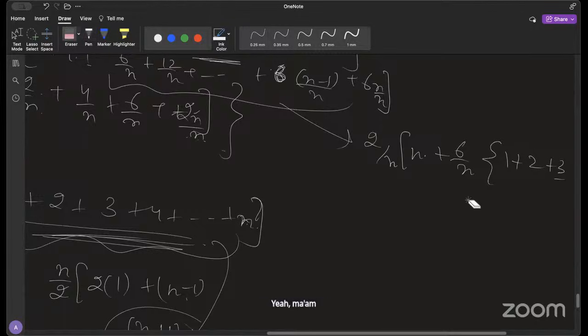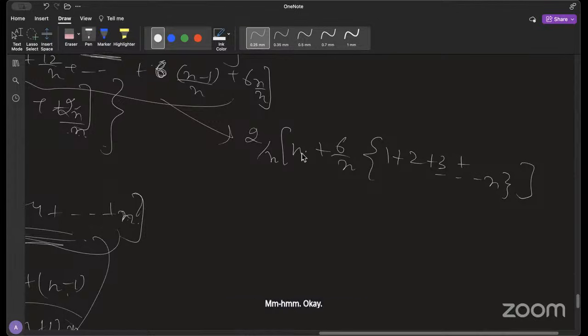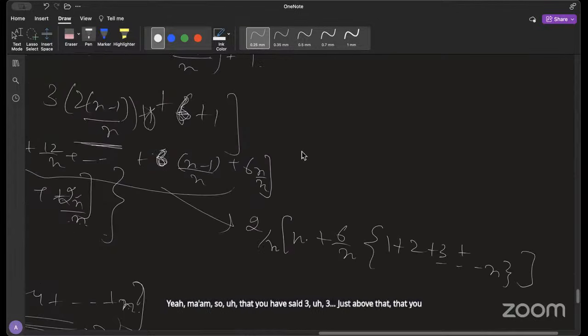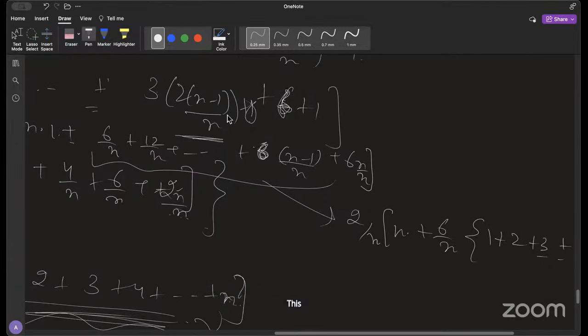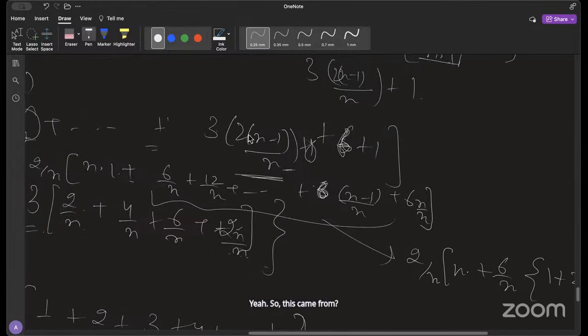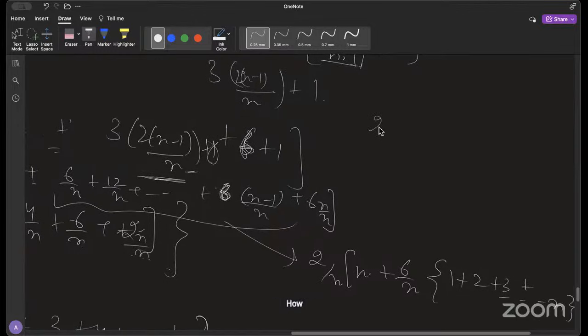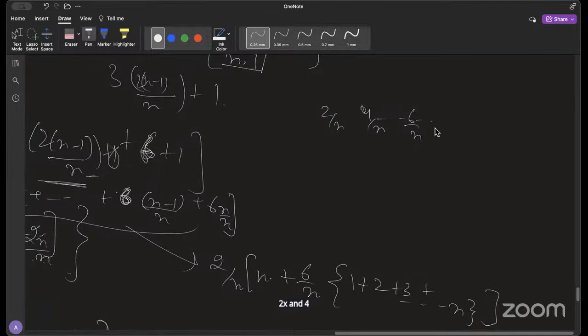Yeah, ma'am. The 3 that you wrote above, 3 into 2 and 1 minus 1 upon n. This one, yeah. So how are you writing things? The partitions are 1 by n, 2 by n, and so on. Not 1 by n, we don't have that: 2 by n, 4 by n, 6 by n.